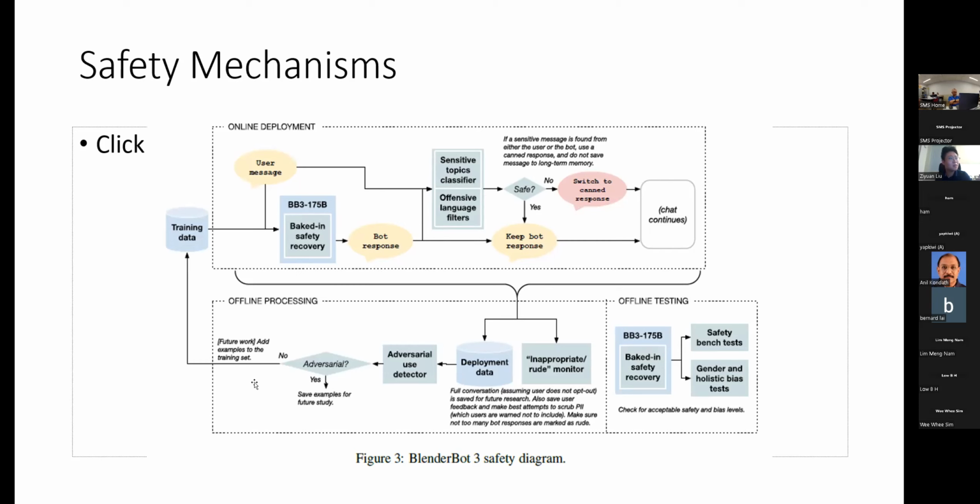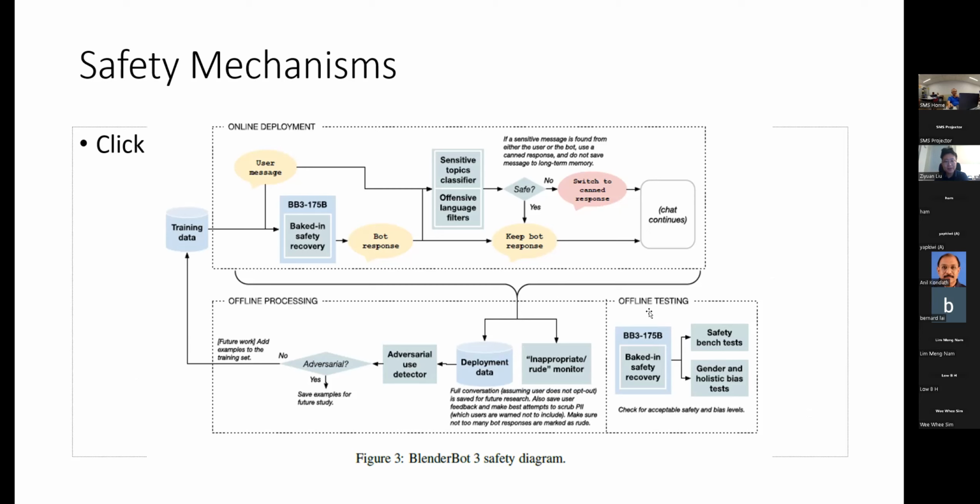And of course, you have some offline processing. It doesn't affect the user directly, but they do detect adversarial use, and they save examples for the study, for the training set. So adversarial use would be when a user engages with the machine in a way that is not in good faith.